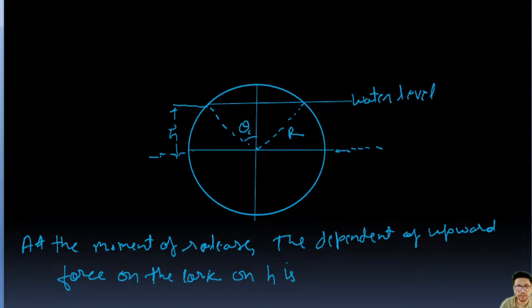Options are given. Option A is h by R minus 1 upon 3 h upon R cube.